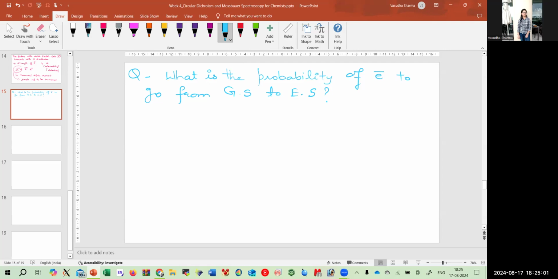But do we really know that there is a probability of an electron going from the ground state to the excited state?